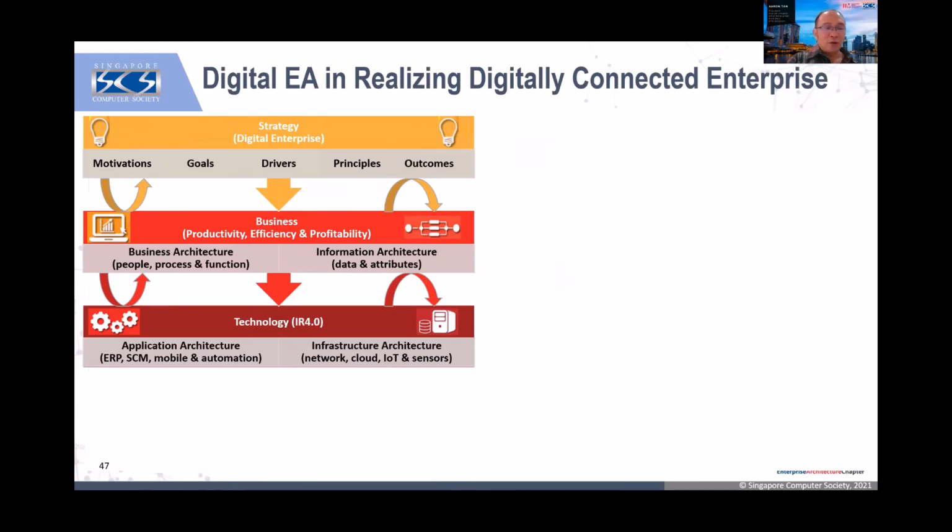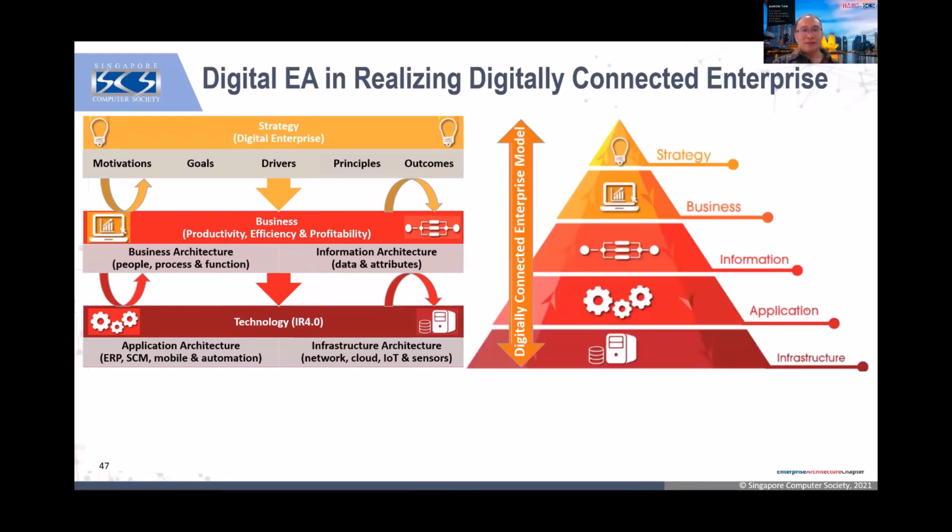If any component of the business or strategy changes, we know exactly which processes, which data, which attributes, which network, which server, which hosting will be impacted. This is what we need to know. Because if anything happens like a cybersecurity attack, we can isolate the root cause quite quickly if we have a proper digitally connected enterprise.